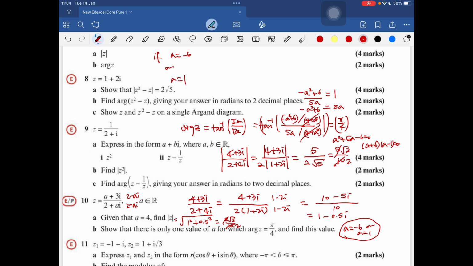When a equals negative 6, the imaginary part and real part, the coordinate is, what is that? Negative 6, negative 30, negative 30 over 36, 40, comma, 40, negative 30.